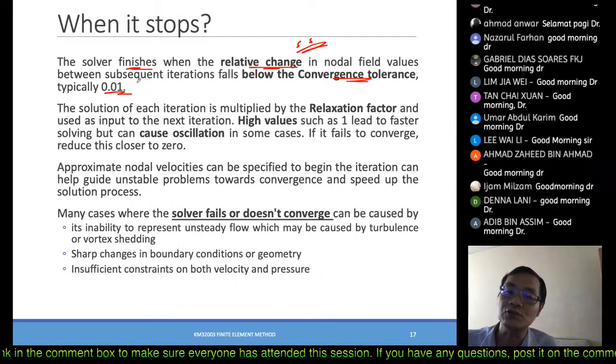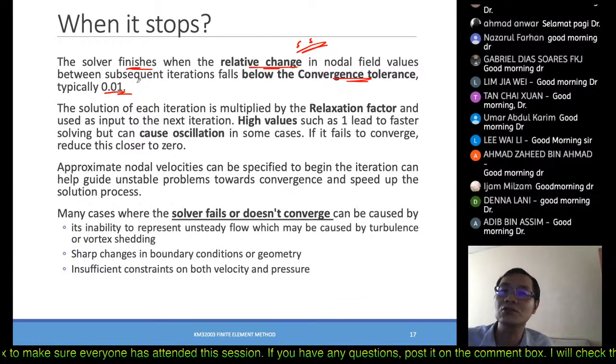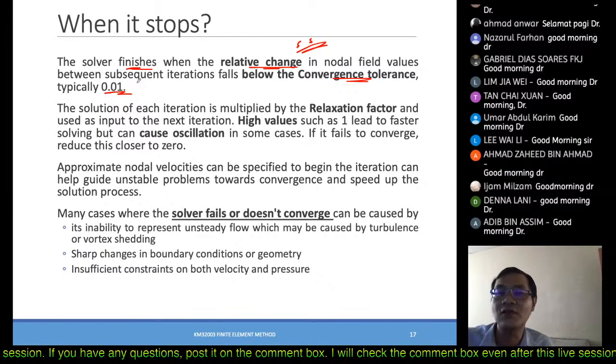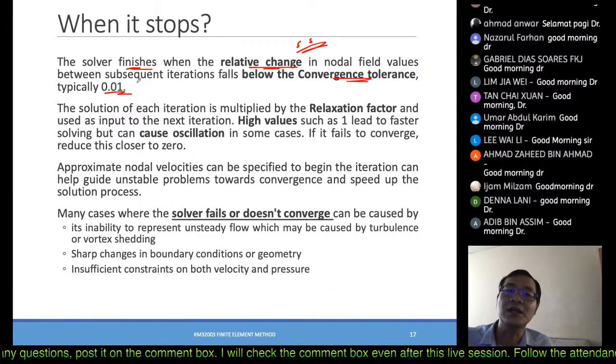Once it reaches this, no more changes, we assume it's already steady state, therefore the solver will stop.